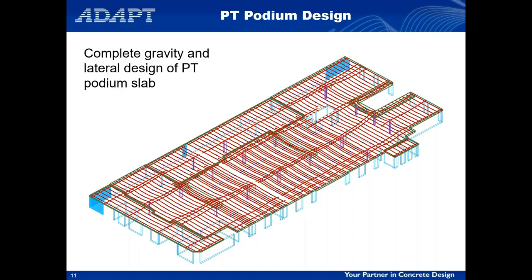What that means is that as you're applying post-tensioning, all of that post-tensioning is allowed to go into the podium deck. None of it is really being lost in the stiffness of the foundation below.